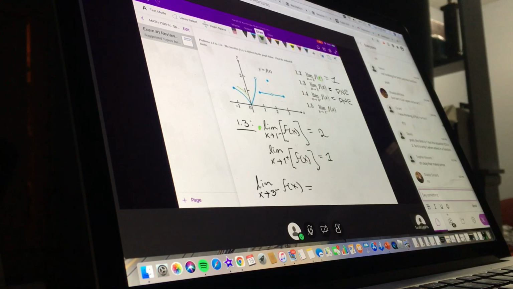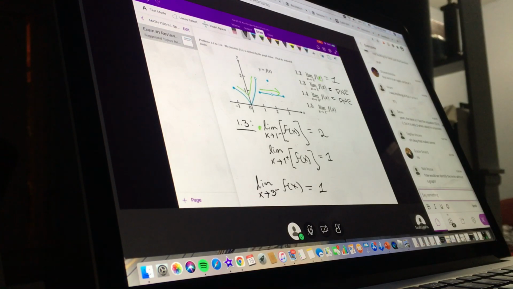So we see it go down and then up, and then the line is going to come from this side. So as the function approaches 3 from the left side, the limit should equal 1. Does that make sense, Emily? It does, thank you.